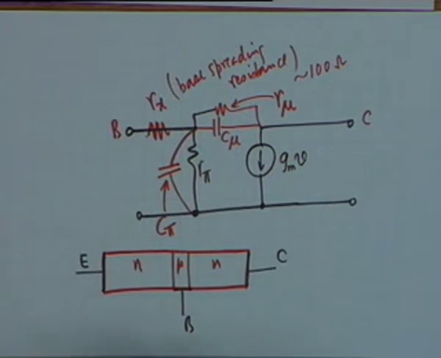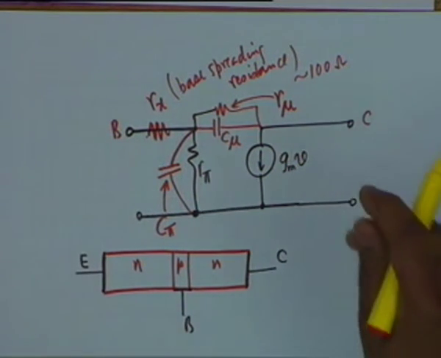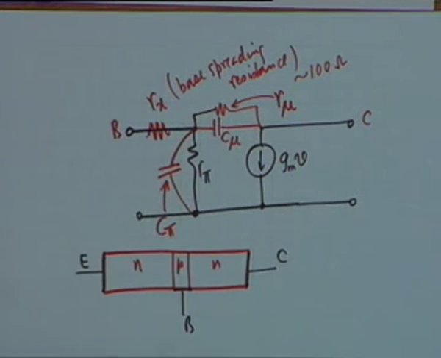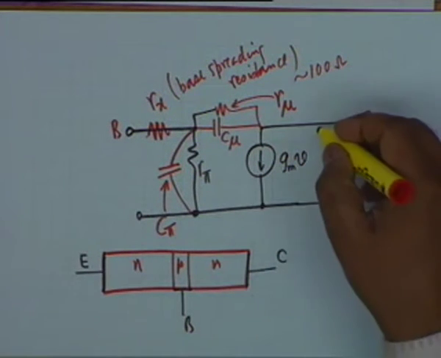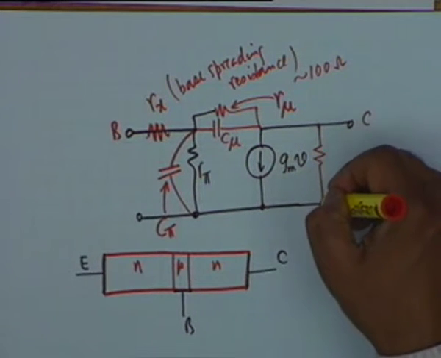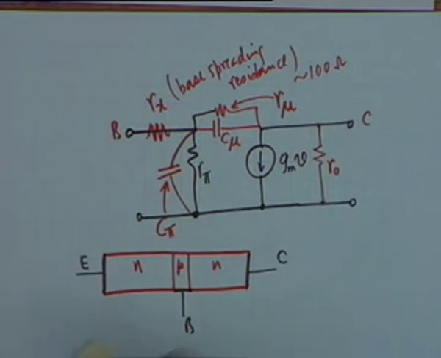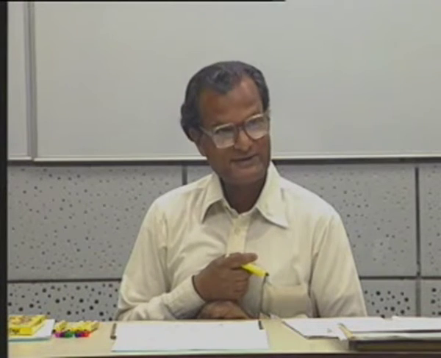Between the collector and the emitter, if you connect a battery, a small current does flow, and this current is taken care of by a resistance R0. All that I show in red here are not desirable, they are all undesirable elements, they are called parasitic elements. Unfortunately, however, parasites are facts of life, and one has to take care of them, alright, whether in public or in politics or in electronic circuits, parasites are facts of life.